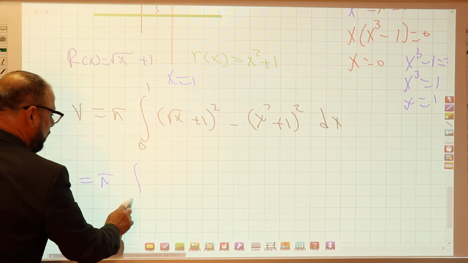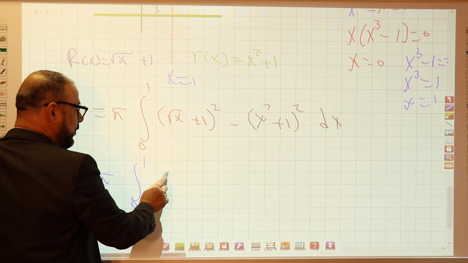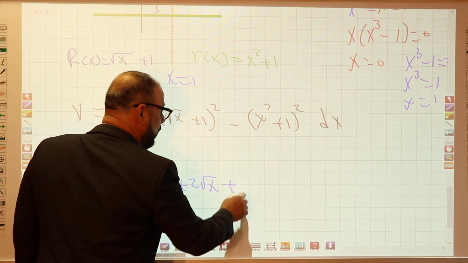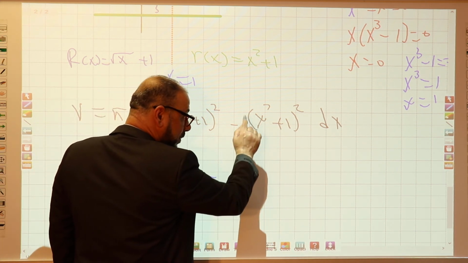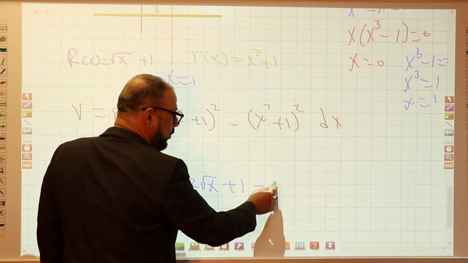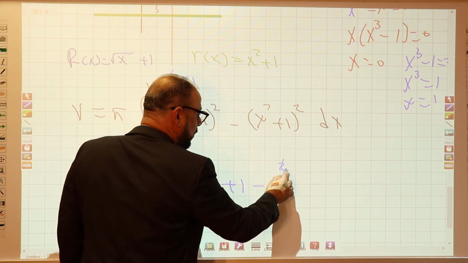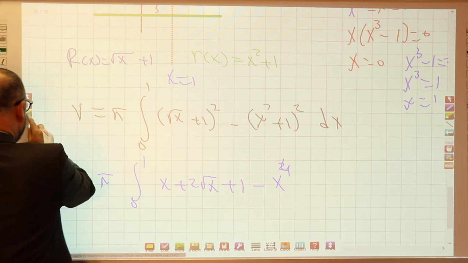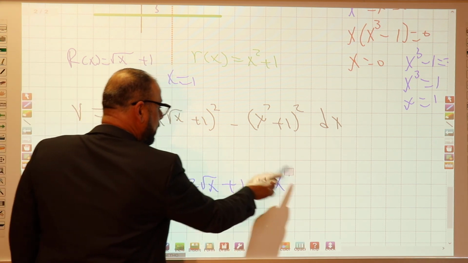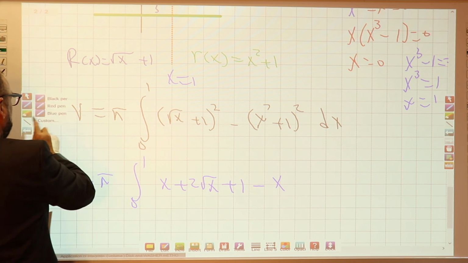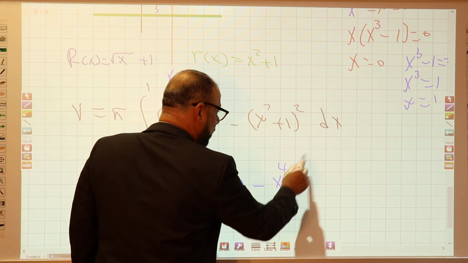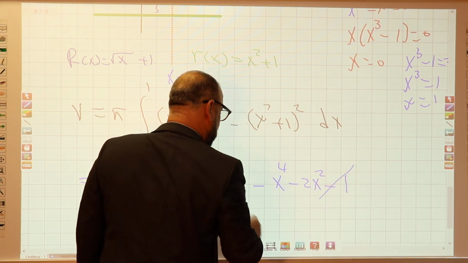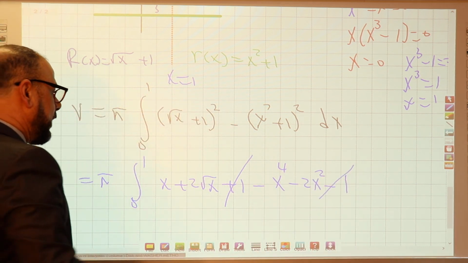Pi, from 0 to 1, x plus 2 square root of x plus 1, minus, and I apply the minus to my x to the 4: x to the 4 plus 2x squared plus 1. This cancels with this, and everything dx.